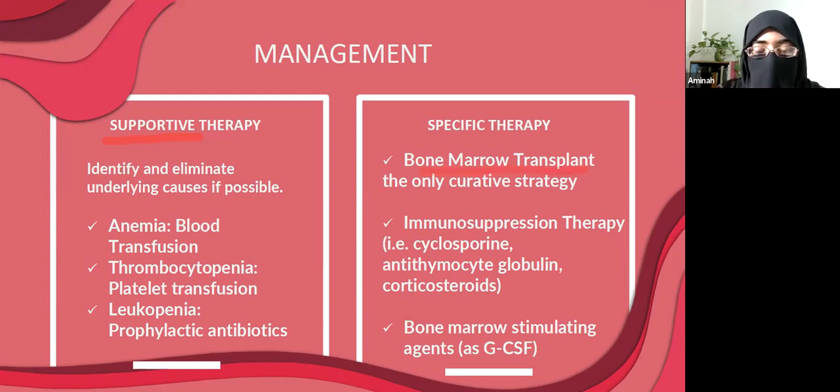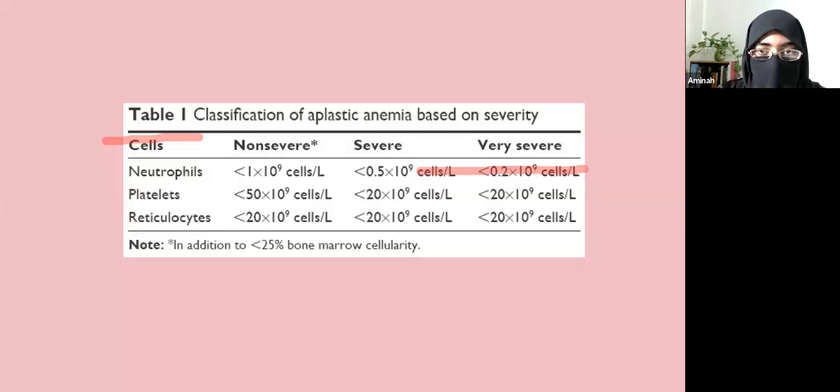Apart from that, you can also do immunosuppression treatment in patients where it's obvious that the disease is immune mediated. Immunosuppression therapy is usually combined with bone marrow stimulating agents also.